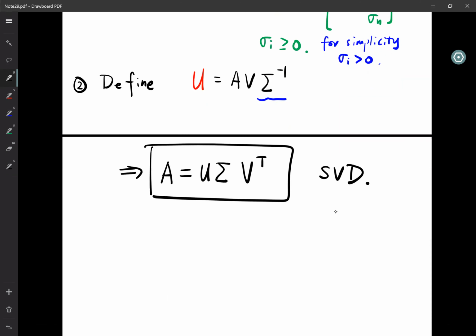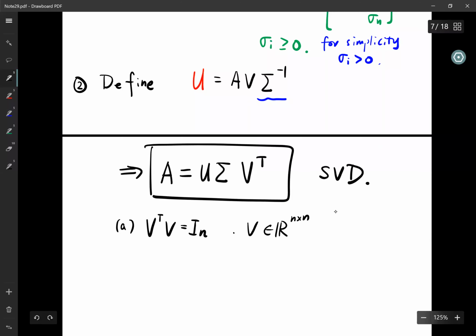So what are the features of this singular value decomposition? A, V transpose V is I_n, where V is an n by n orthogonal matrix. B, sigma is sigma 1 to sigma n, and each one is non-negative.